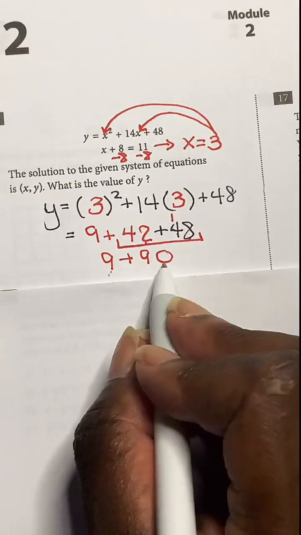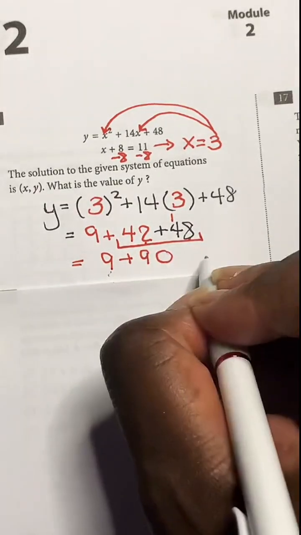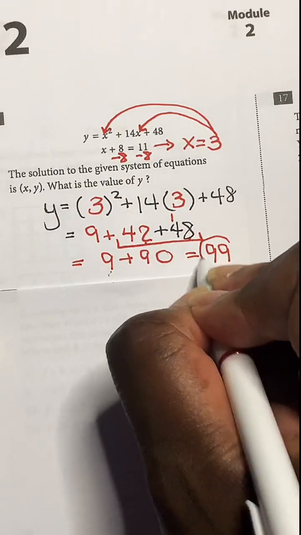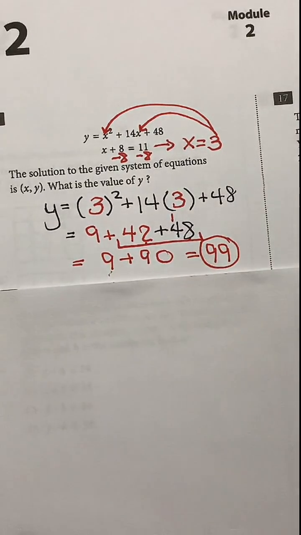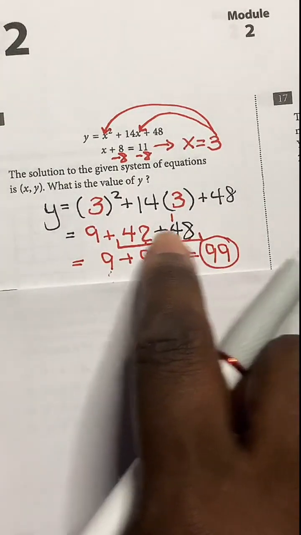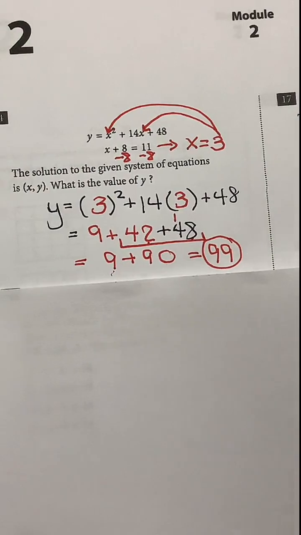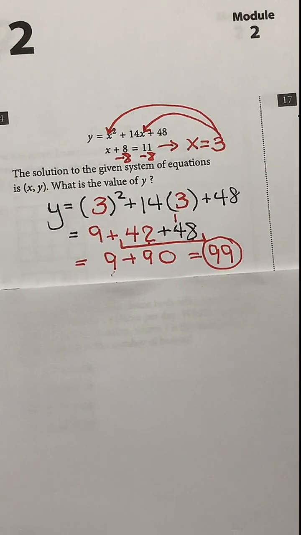So now I have 9 plus 9. That gives me 99. Because when you have all addition, that's the commutative property. Just like multiplication, they're commutative. You can switch them. I was waiting for the Roman numerals, Michael.